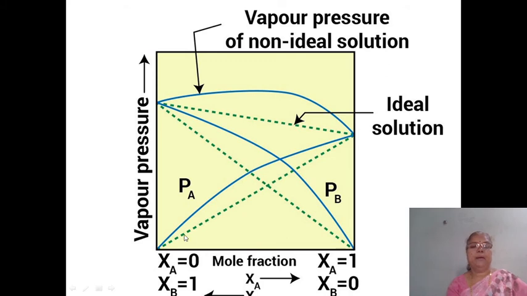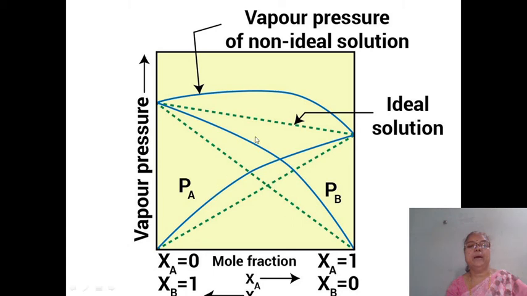Here, we have A constituent and B constituent, and these two are real solutions or non-ideal solutions. As we have seen earlier, when we plot the graph of vapor pressure versus mole fraction, and the solution behaves ideally, then we get this straight line, and for a non-ideal solution we get this type of curved line. This blue line is for non-ideal solutions.